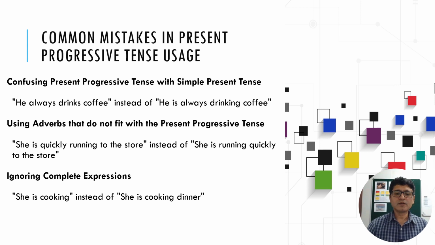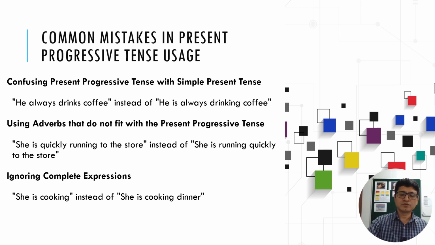And lastly, ignoring complete expressions. For example, she is cooking instead of she is cooking dinner. Sometimes when you omit important words, that will also be considered a wrong sentence. So these are some of the common mistakes that we commonly make.